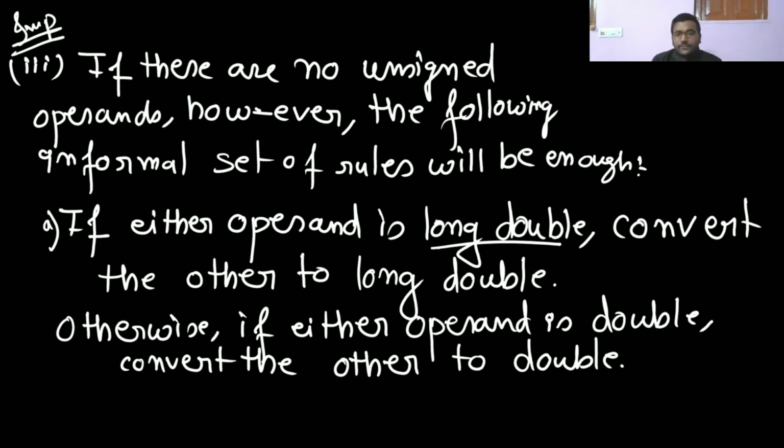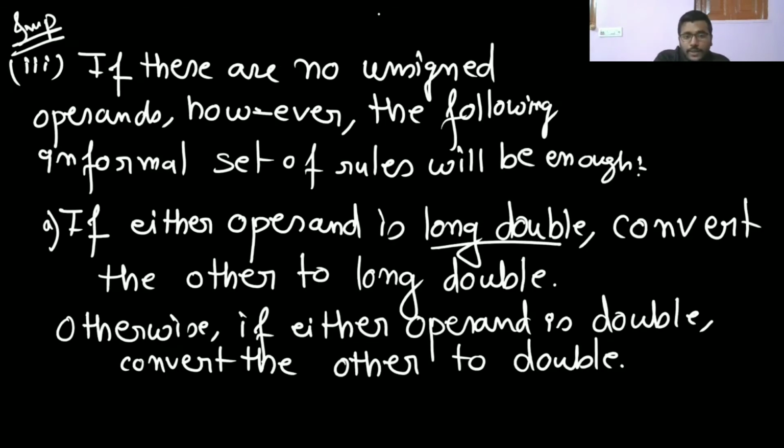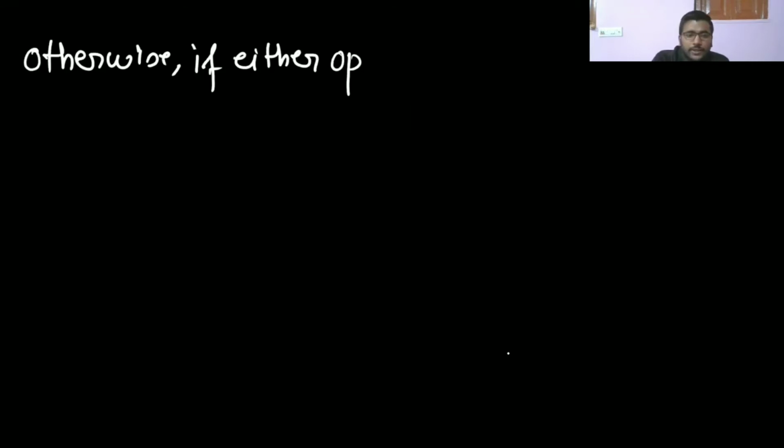Otherwise, if it is not long double and not double, then check if either operand is float. In this way only you will check. First you see long double; if it is, convert everything into long double. If not, and the operand is double, convert the other to double.